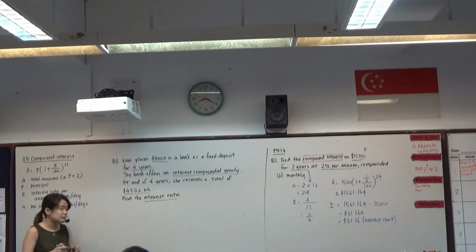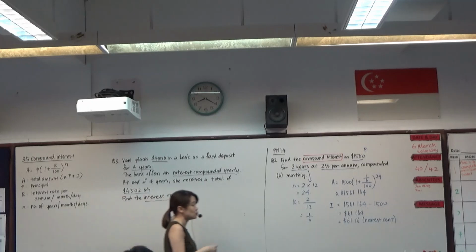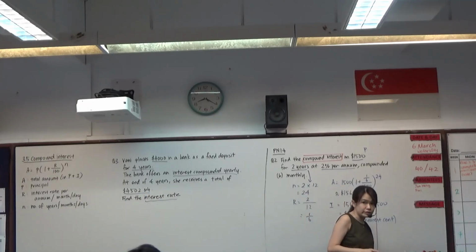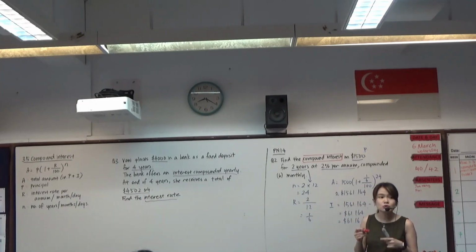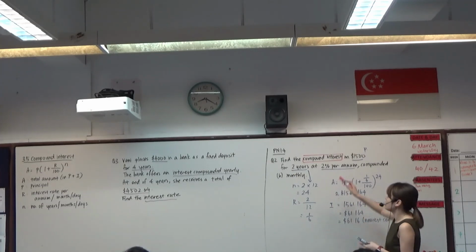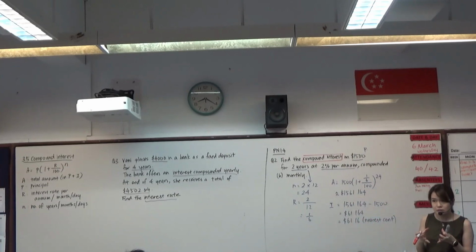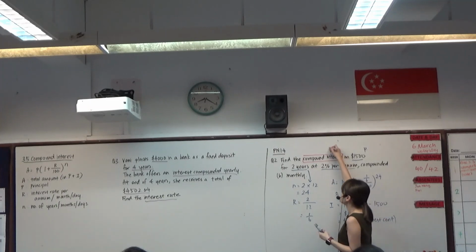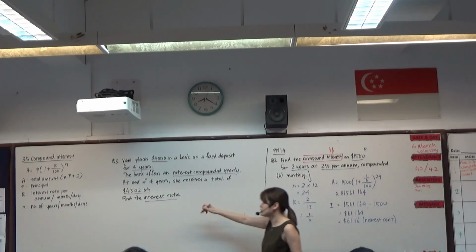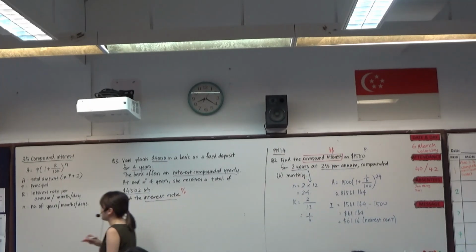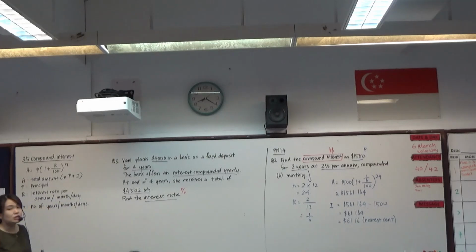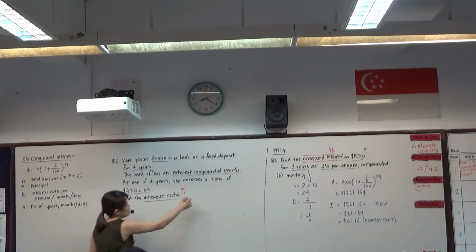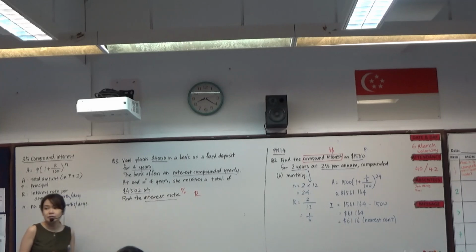So I want us to be very clear over here. The question is asking for a rate, not interest. Interest rate is a percentage, while interest is an amount. So interest is in dollars, while interest rate is the one that is in percent. So essentially what the question wants us to find is our value of R.